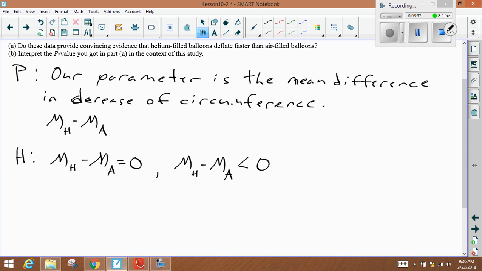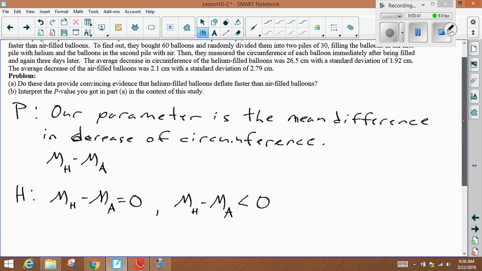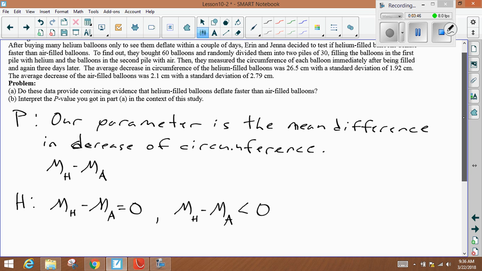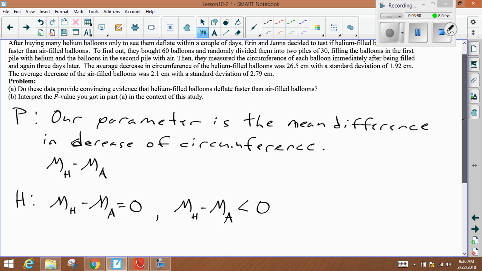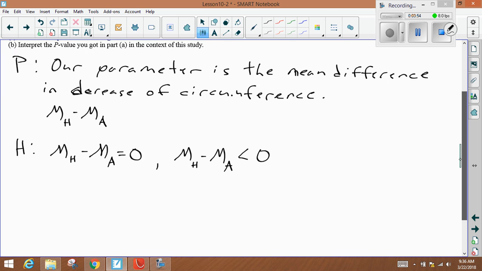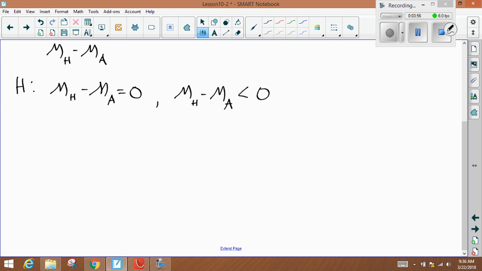They're actually measuring the amount that their circumference is decreasing, not the circumference. If they were measuring the circumference, then what I wrote before would be right. But they're actually measuring the amount that it decreases.